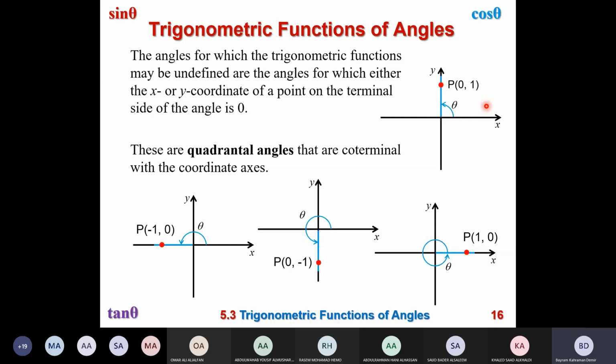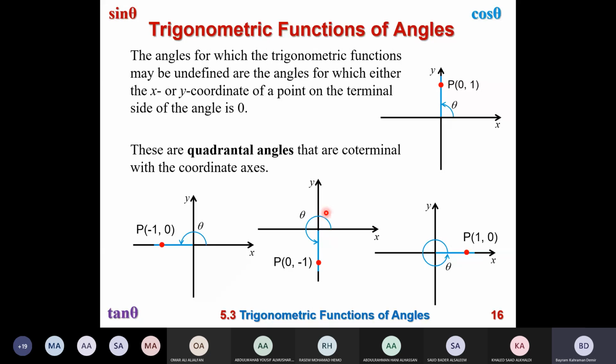And similarly, Shabab, suppose we have 180 degrees. It will be on the negative side of the x line here. So I can choose the point negative 1, 0, right, Shabab? So x is negative 1, y is 0, and r is 1 again. Don't forget, r is the distance. So the distance is 1 again. Now I know r, x, and y, so I can calculate the trigonometric values of 180 degrees.